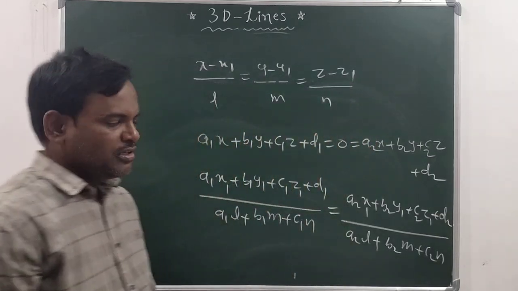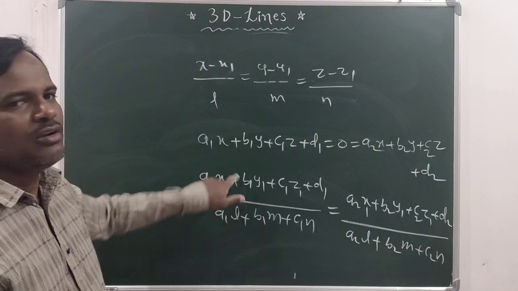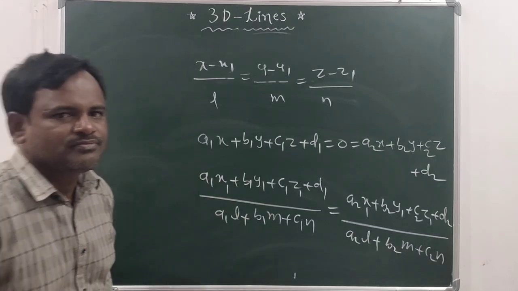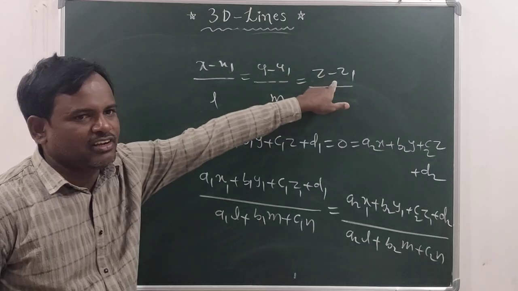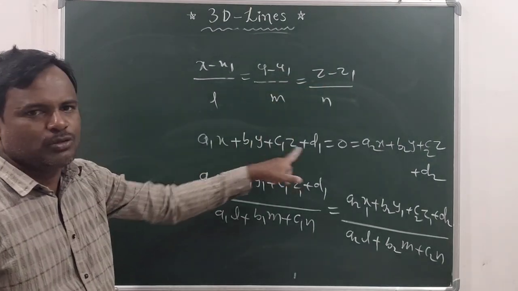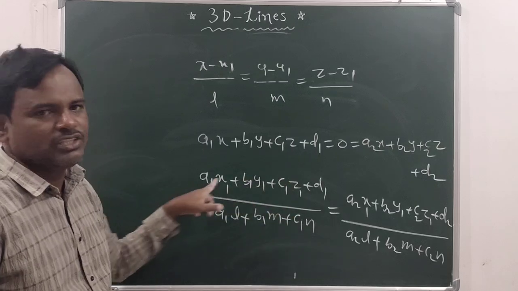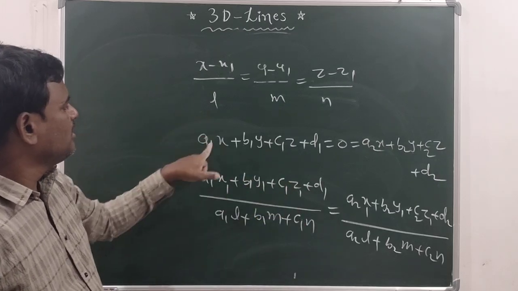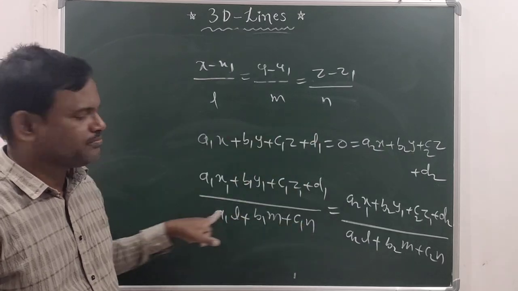Okay students, so if this is the same, then both are coplanar lines. No confusion here. Just get x1, y1, z1 and substitute in the first plane. Wherever x, y, z is there, there you have to write x1, y1, z1. This you get as a1l plus b1m plus c1n.